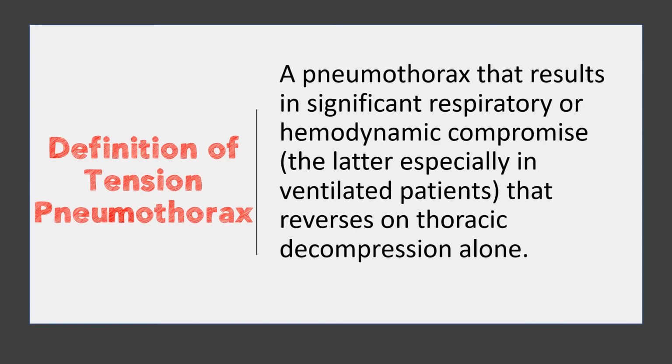And the author of this response redefined a tension pneumothorax as a pneumothorax that results in significant respiratory or hemodynamic compromise, the latter especially in ventilated patients, that reverses on thoracic decompression alone.